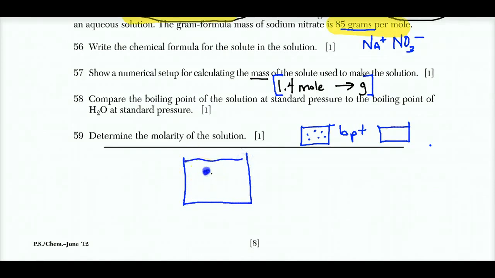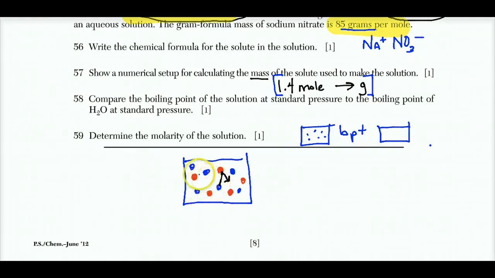So if these little blue circles are my water, and these red ones are my solute particles that are being dissolved, this is a homogeneous mixture. It's harder for the water to get to the surface, because these solute particles are physically in their way.